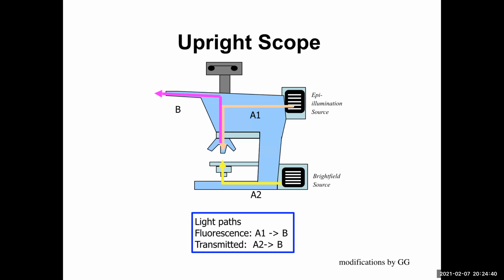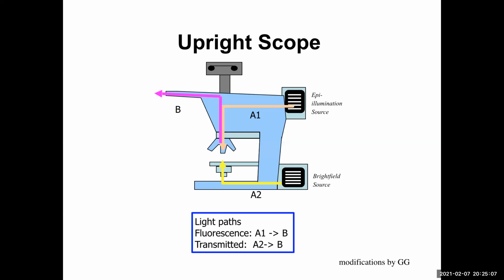Here's a little drawing of a scope. The first thing to notice, it's an upright scope with two light sources. You see the bright field source is on the bottom, and it goes through the condenser, gets transmitted through your specimen, and then goes on out.